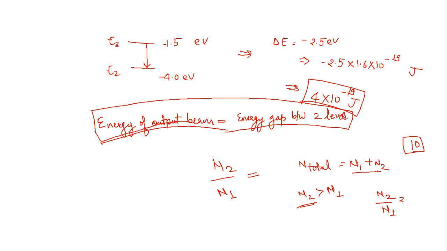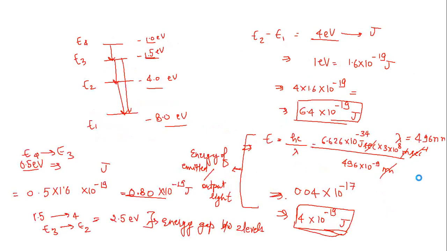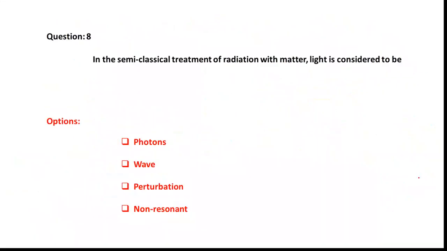N2 should be greater than half, so I take it to be 7 and the other I take to be 3. So what will be the value of N2 upon N1 then? 7 by 3, right?